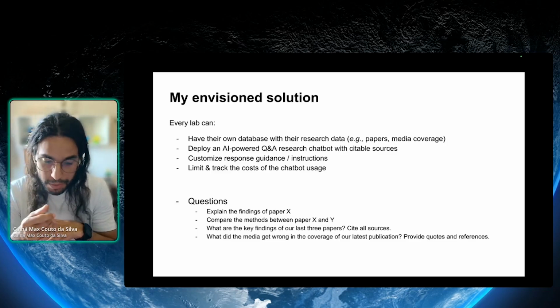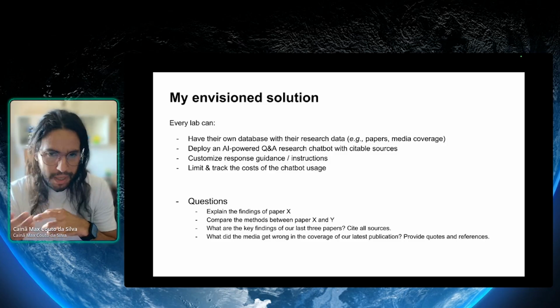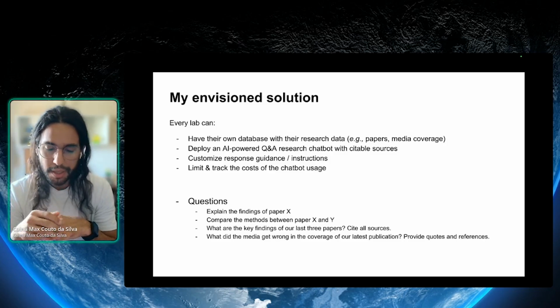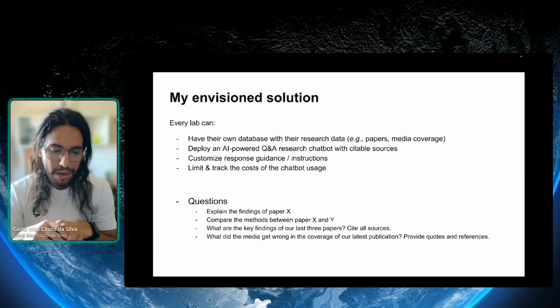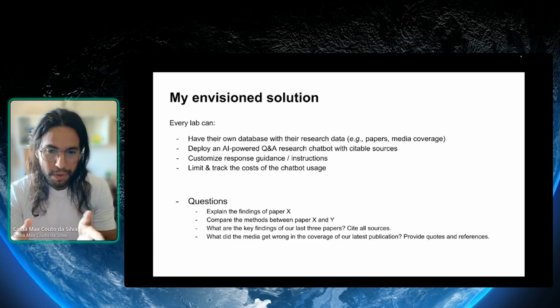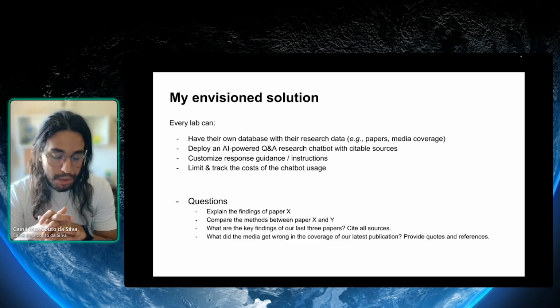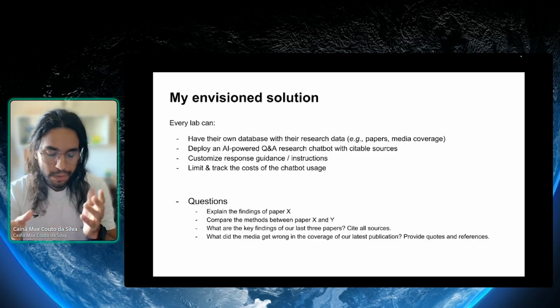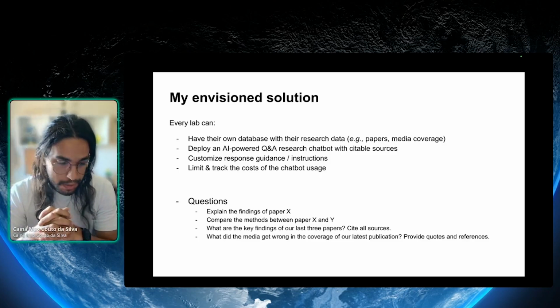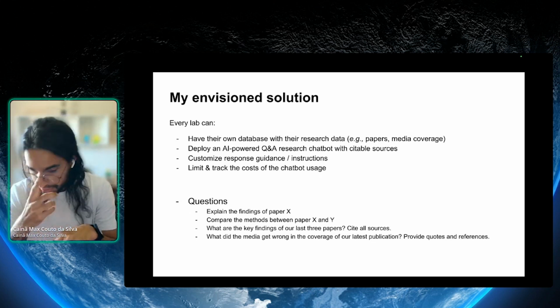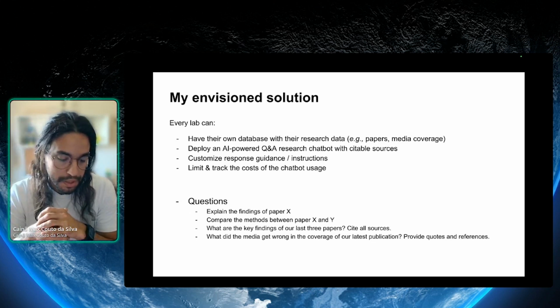It should be customizable, so the PIs, the principal investigators, can define how to guide the response and provide useful instructions and additional overall context about the lab. And it should also be able to limit and track the costs of this chatbot, right?